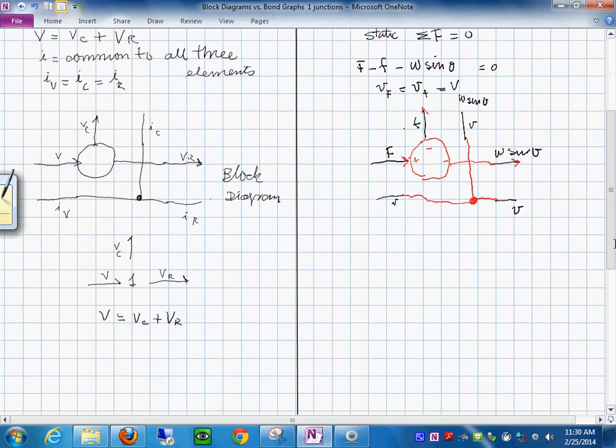And this is the representation of this junction. But you can also use a 1 to represent the same thing. There is the one junction, and then you will have the force here, and then what do we put? F and B, and this W sine of theta, and then the velocity also.